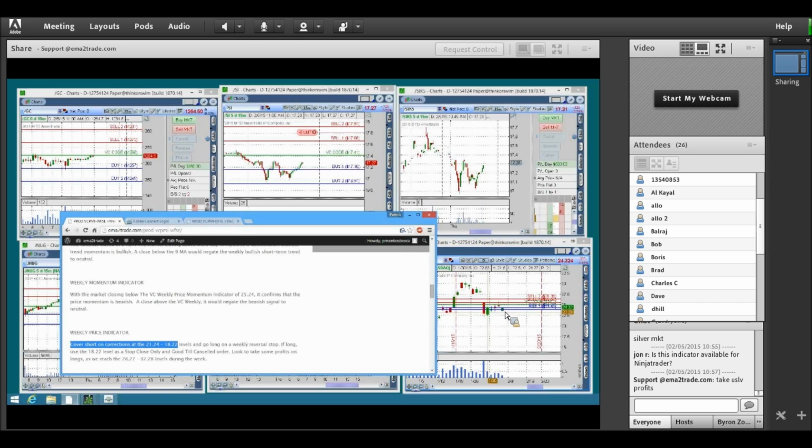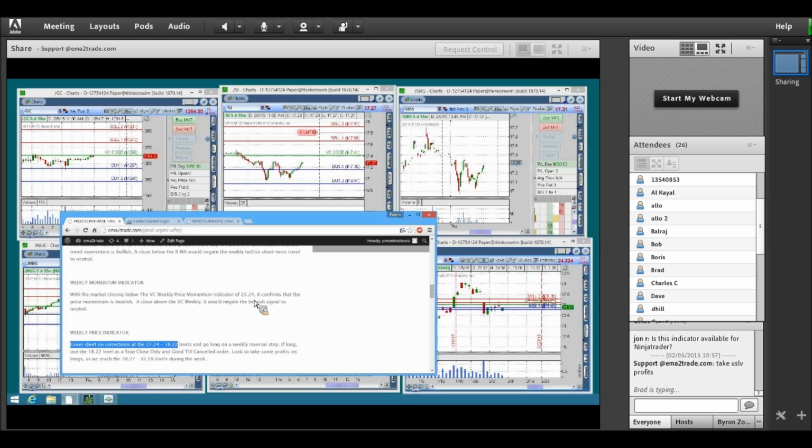So far this week, the low was made today of 23.05. It's having difficulty coming down. On the other hand, if it turns around and closes above 25.24, this would activate the weekly uptrend.